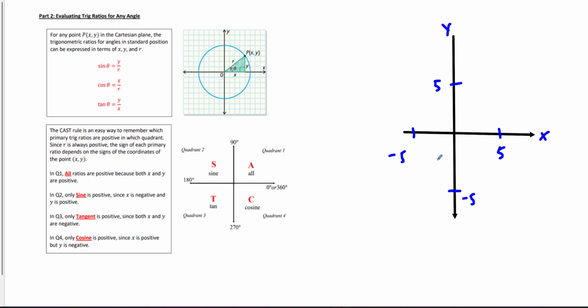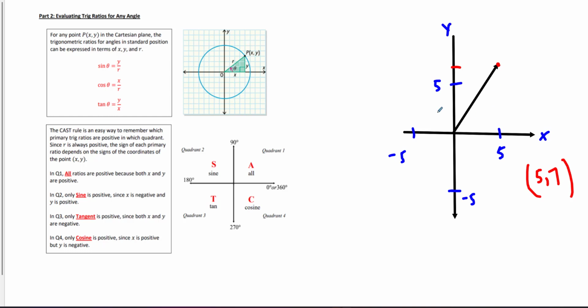Let's just pick a random point, not 5 and 5. Let's do like 6 and 5, or something. Let's say we have a point 5, 7. X value is 5, Y value is 7.